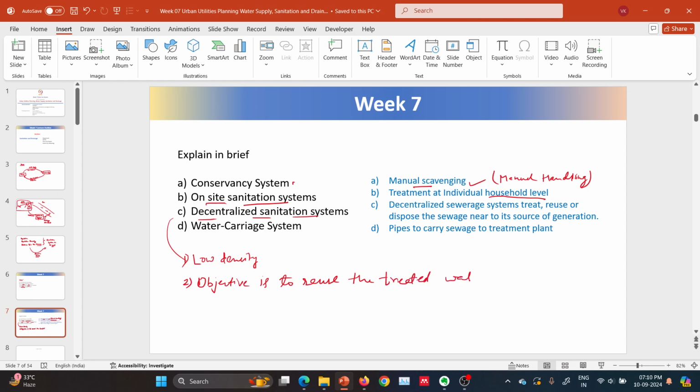The water can be reused for flushing, for public use, and it can be used for gardening if it meets the standards.